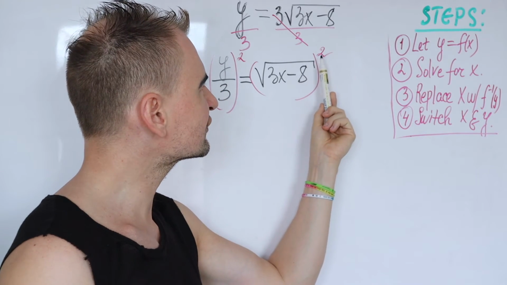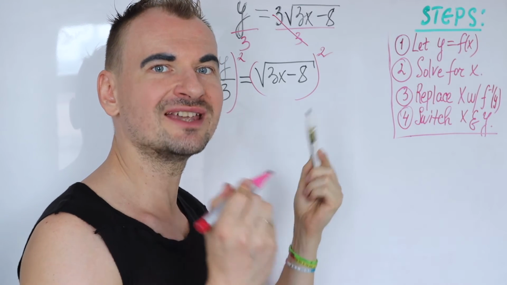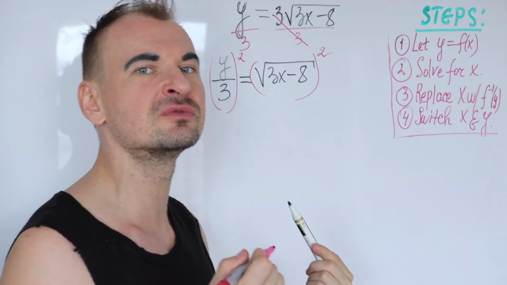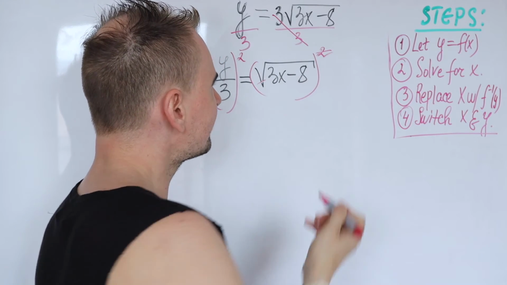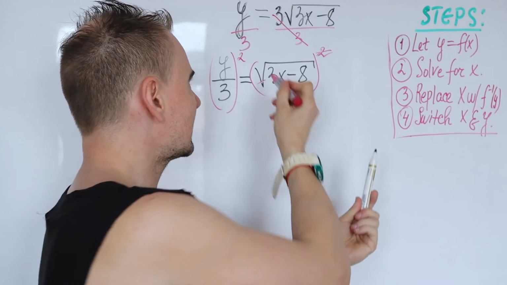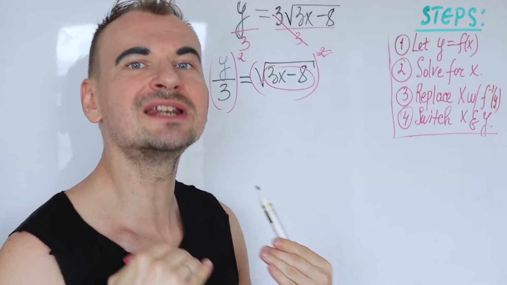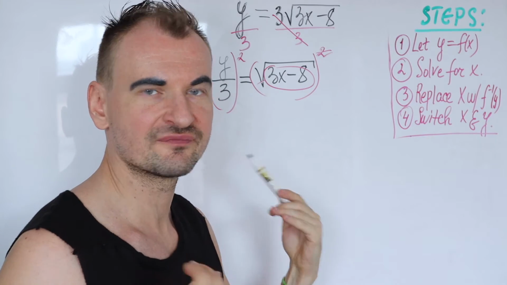Because squaring and taking the square root are inverse operations of each other, so they undo each other. We would be left with just this underneath expression. In other words, we simply got rid of this square root because we don't want it.